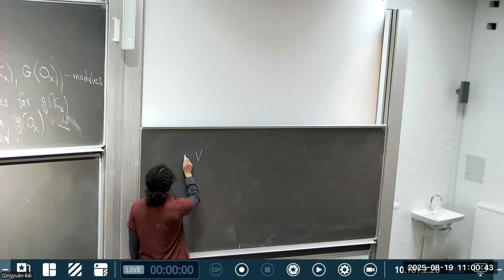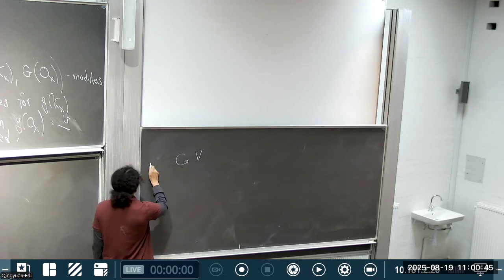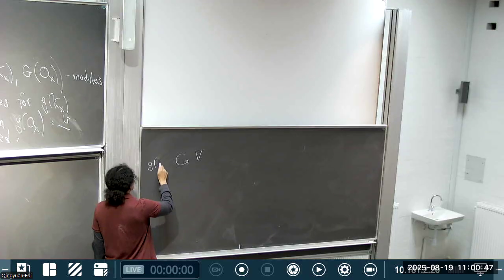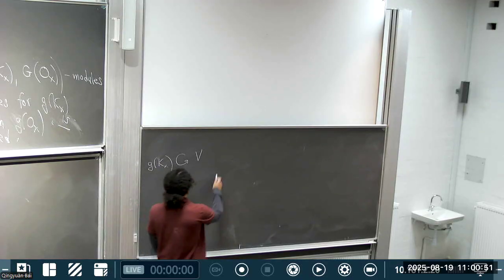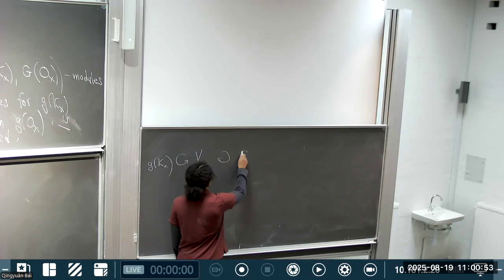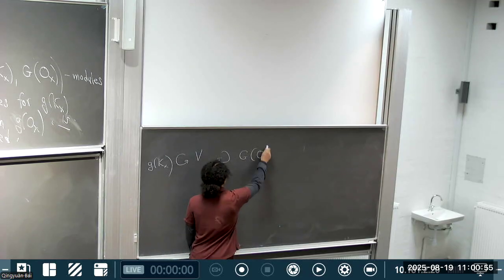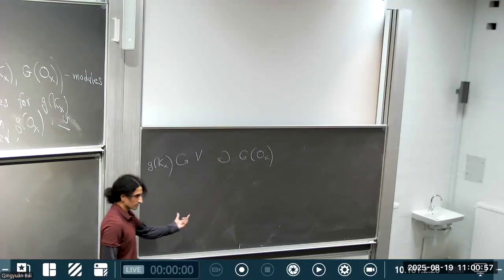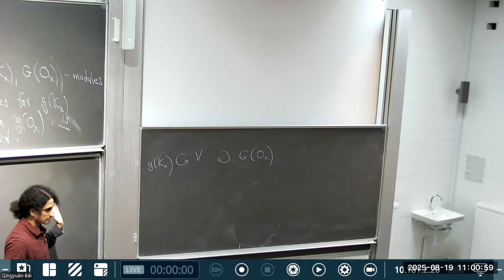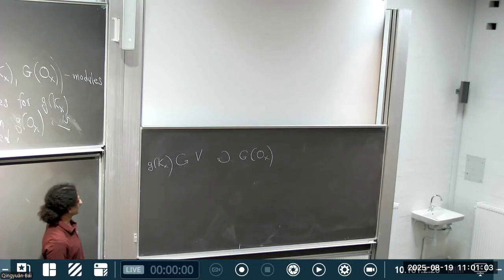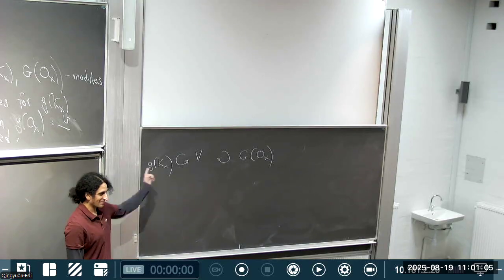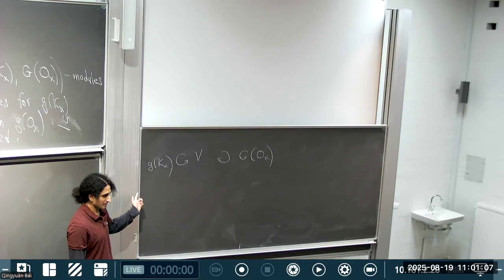You have this V with some action of this, and this equivariance thing basically tells you it is a representation of this group, just the underlying vector space of it. And as you can imagine, there's some compatibility between these.